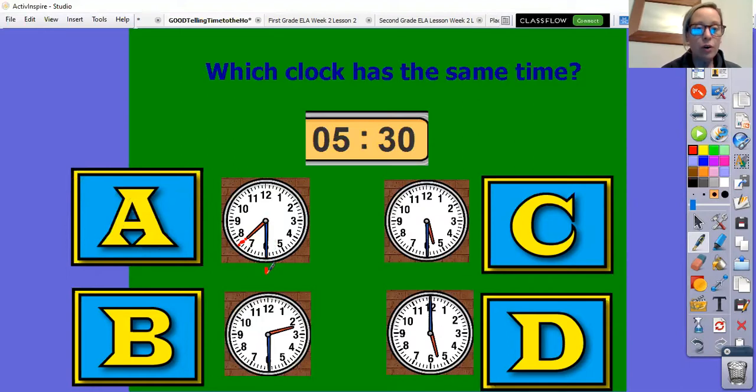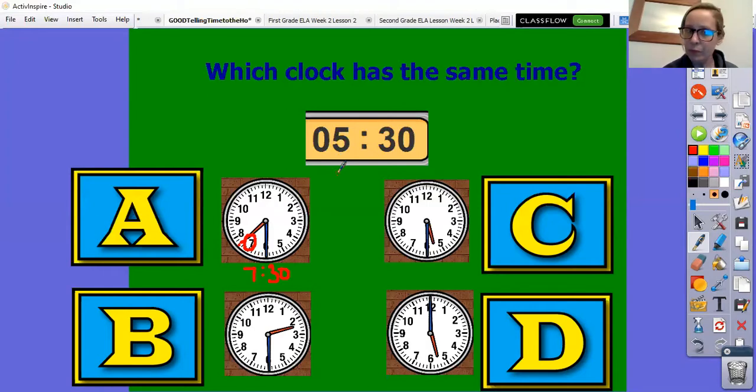So I know it's going to at least have 30, right? Remember, when we're looking at this time, it always goes to the number right before. So what number is that? Good, it's 7. So this time says 7:30. Does that match this one?